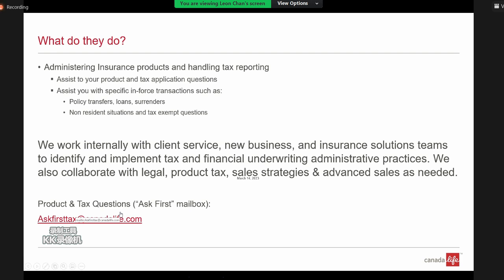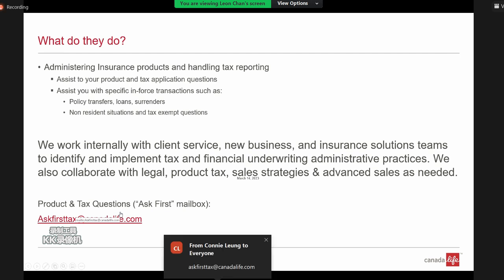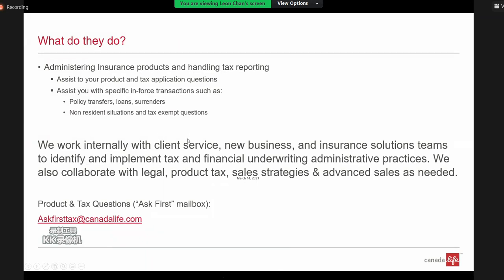For in-force policies from Canada Life, we often get a lot of questions in relation to potential tax application questions, or specific in-force questions or transaction questions, right? So, for example, policy transfers, loans or surrenders, or even non-resident situations and tax exempt questions. And this is really the mailbox where we send our questions.